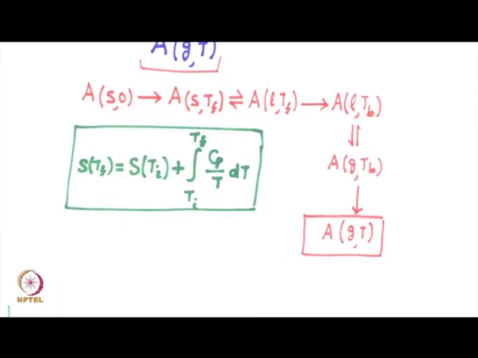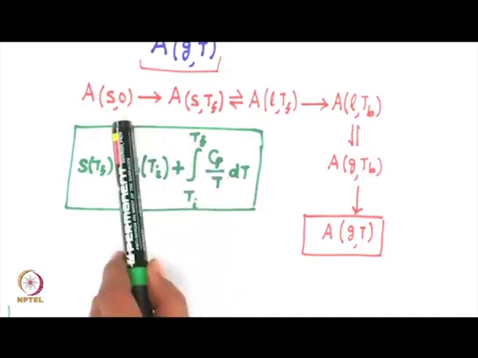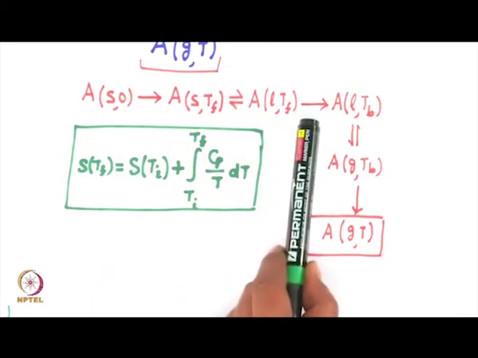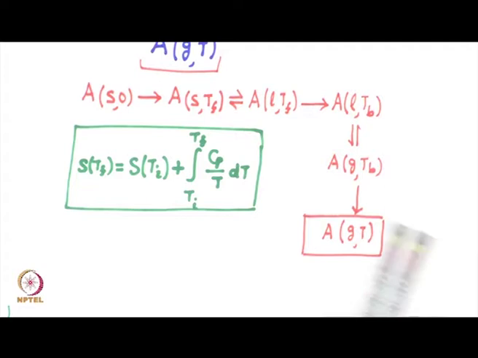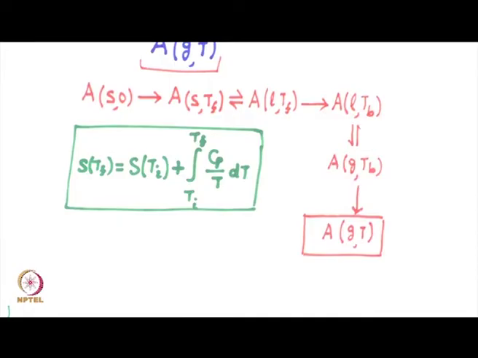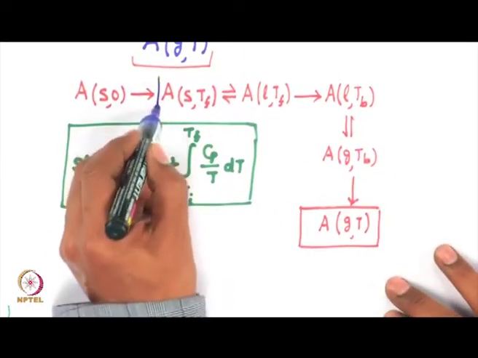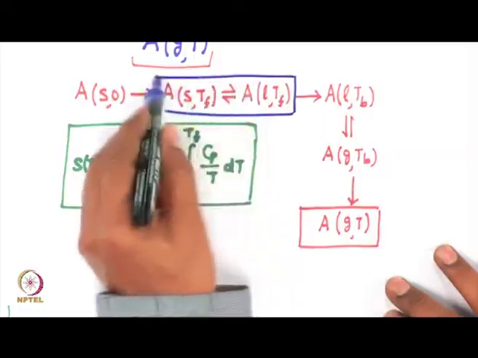So, what experimental information do I need? I need to know how the heat capacity varies with temperature of the solid, how the heat capacity varies with temperature of the liquid, and of the gas. On the way you see there are phase transitions, we can't ignore that. This is one phase transition, we cannot ignore.